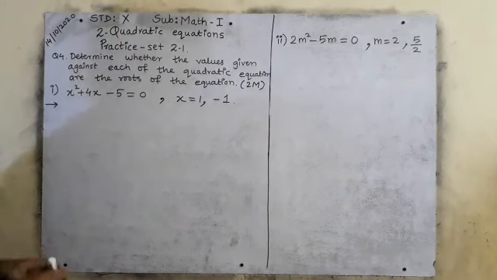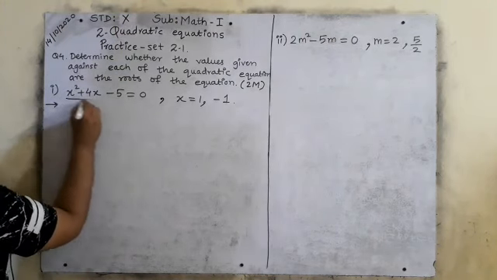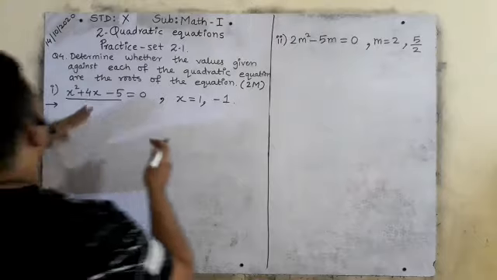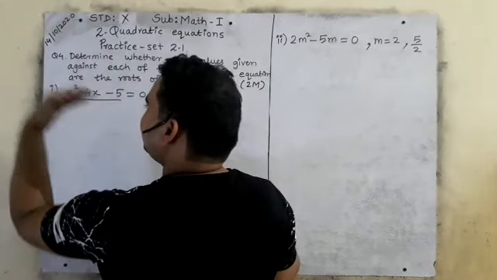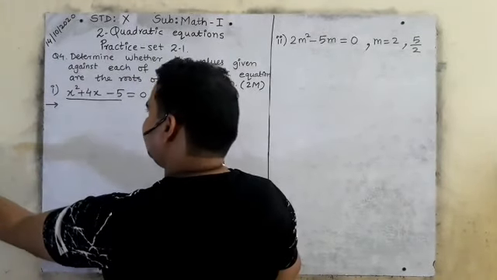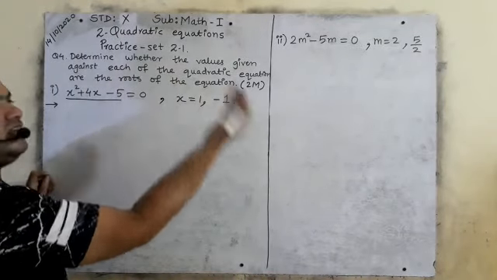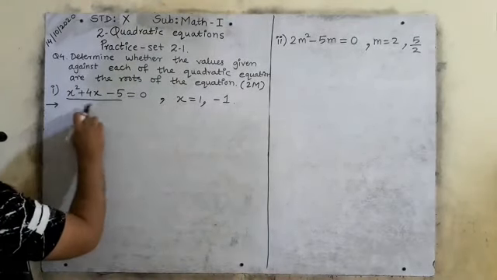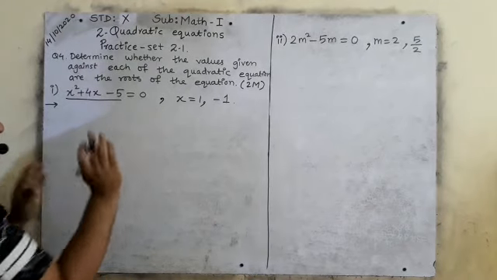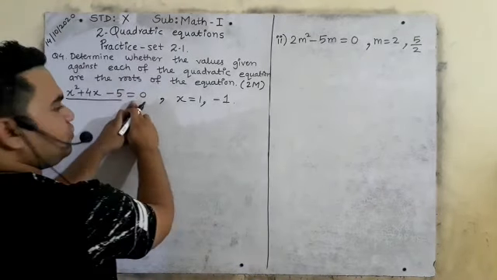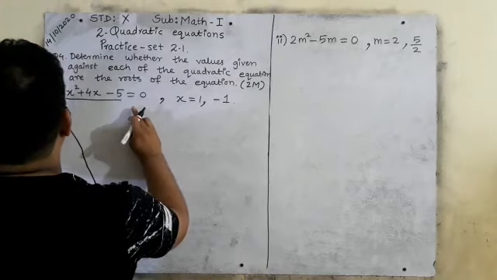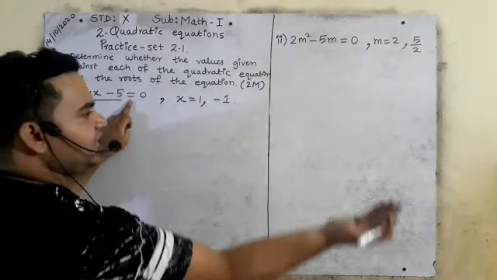What you have to prove? See, from here to here it is the left hand side, the trinomial, and after the equals sign there is a 0, so 0 is the right hand side. This is LHS and this is RHS.